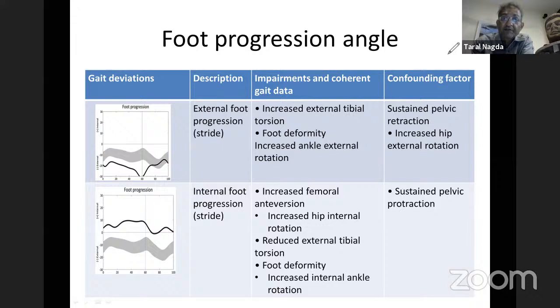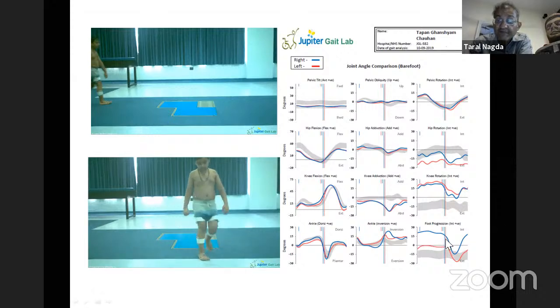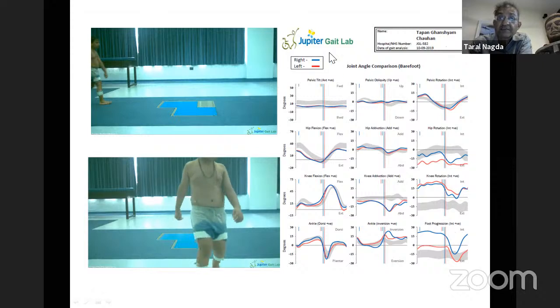So to give you some examples of changes in the foot progression angle, this is a child with CP walking with internal foot progression angle, right more than left, and you can see the same thing being noted on gait analysis, documented very well: on the right side there is increase in foot progression angle, also on the left side, but right is more than the left.